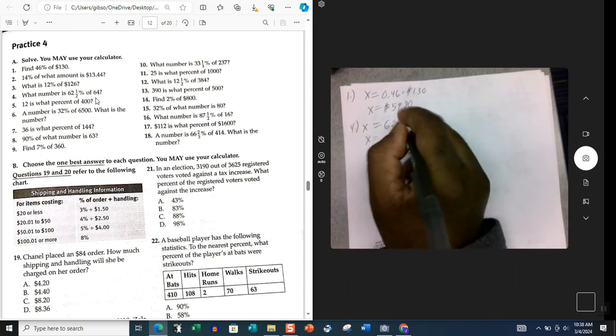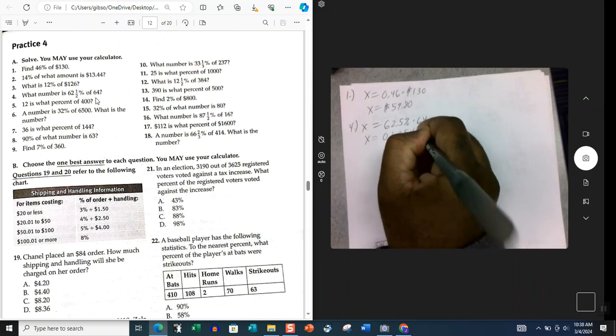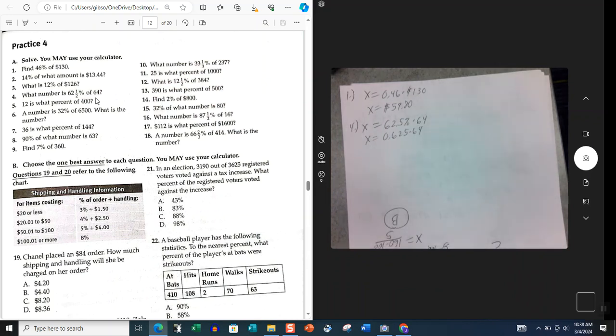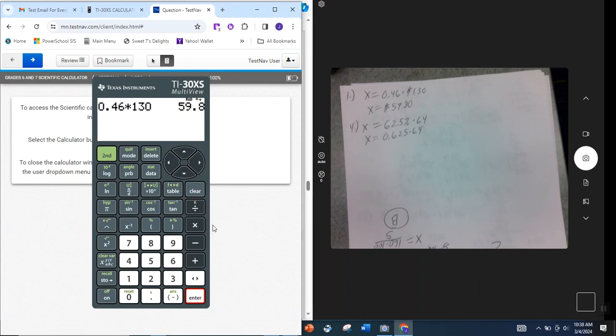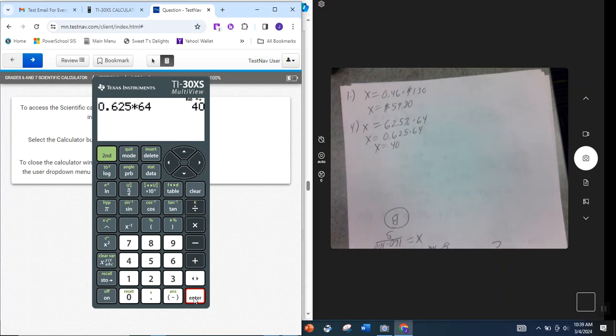Now if we rewrite this, this would be 0.625 times 64. So now we will put that in our calculator. So it would be 0.625 times 64. And that gives us 40. So x is 40.